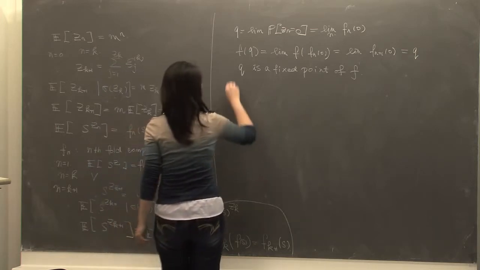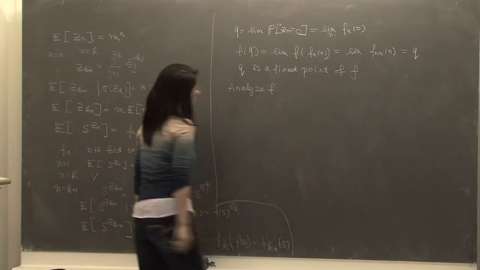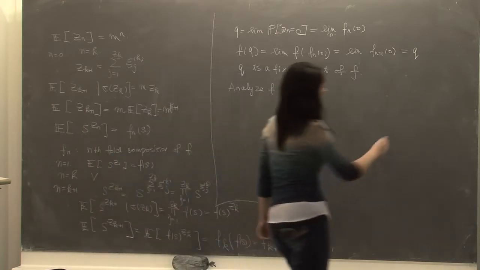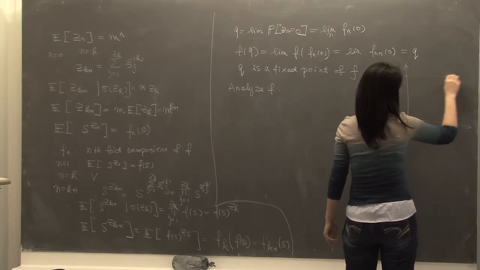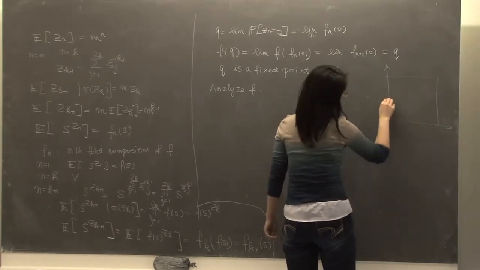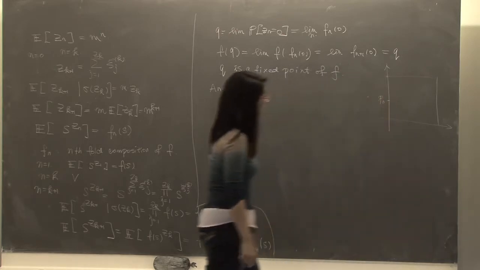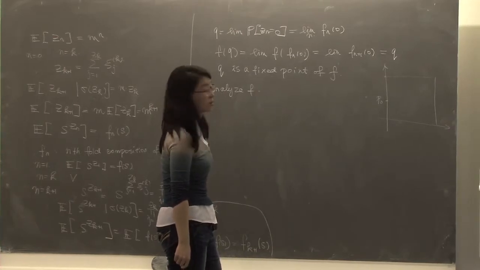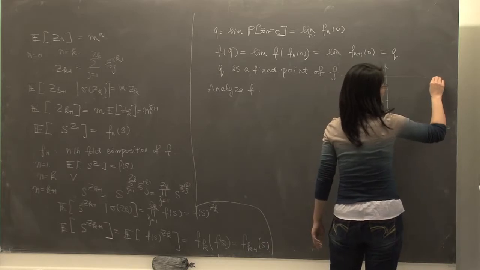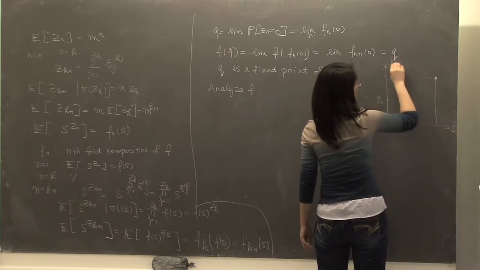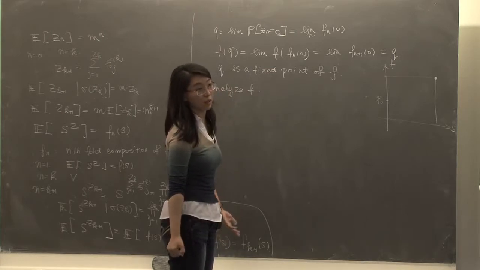So now we analyze this F. For this generating function, we know that when s equals 0, it equals p0. So it's the probability that we have 0 children in one step. And we also know that when s equals 1, it equals 1. And it is strictly increasing and strictly convex.